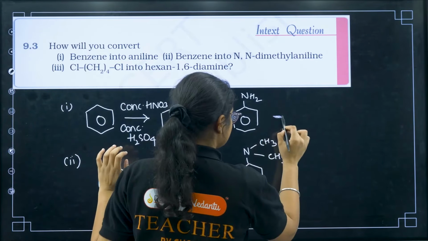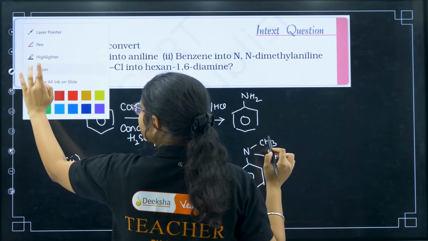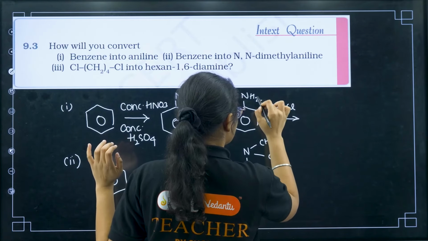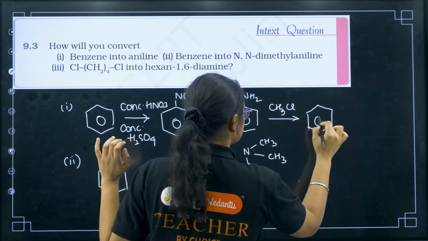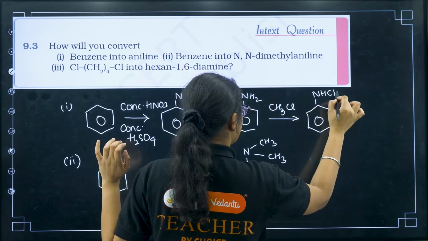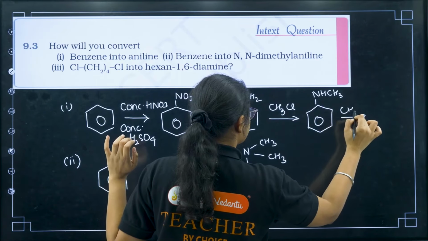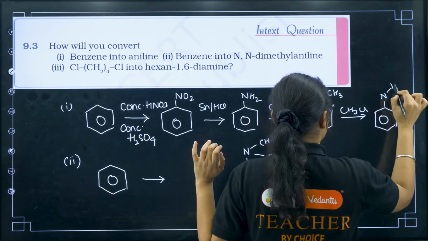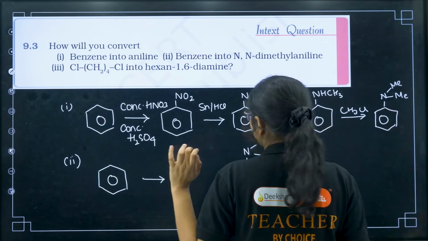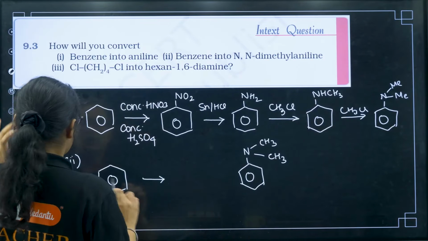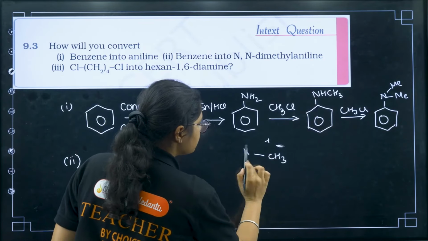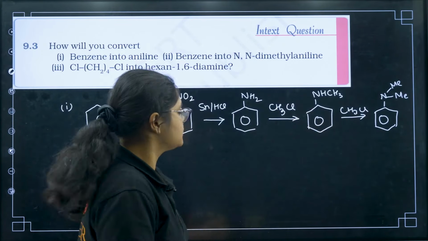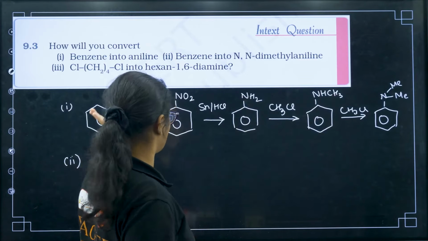You can just treat it with CH3Cl, then one of the H will be replaced with CH3, so you will get NHCH3. Another time if I treat it with CH3Cl, then I will get N(CH3)2, okay. Now we will get N,N-dimethylaniline, okay.